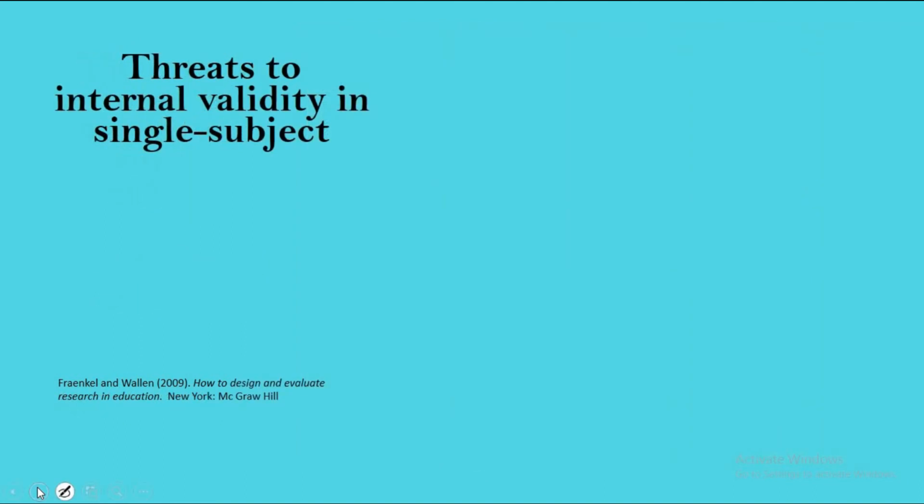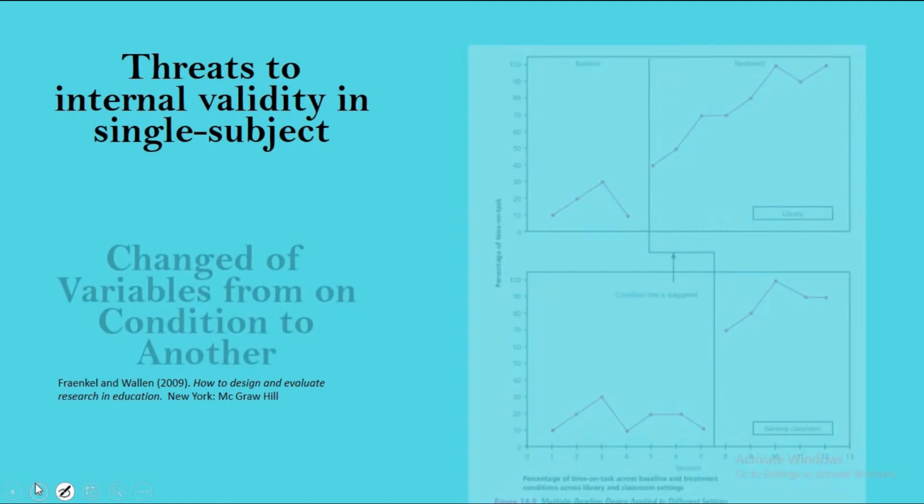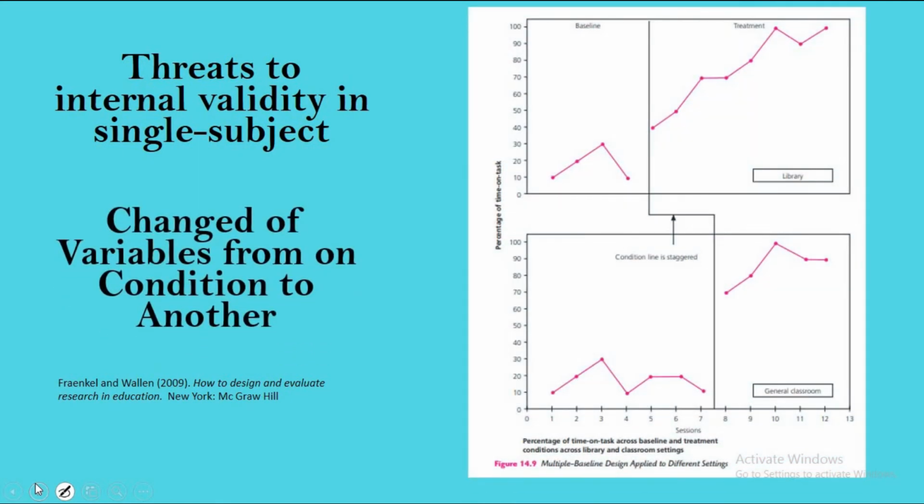Now, another threat to internal validity is the change of variables from one condition to another. So the number of variables changes when moving from one condition to another. What do we mean by number of variables change? Look at the illustration here.